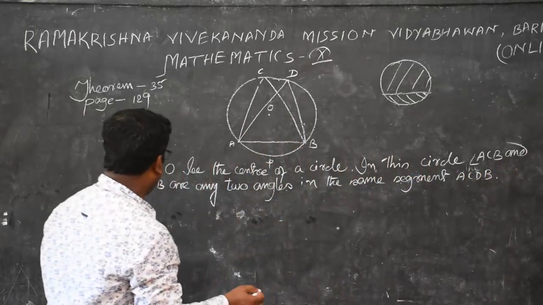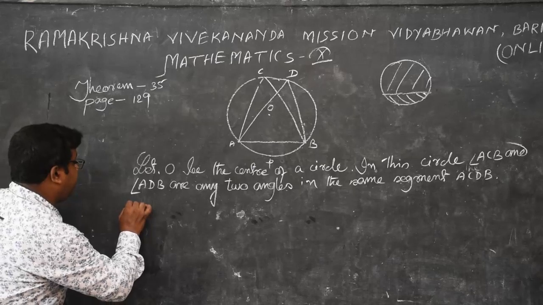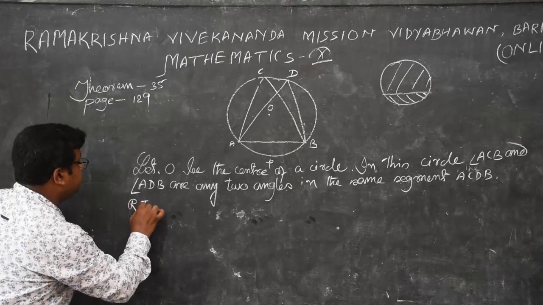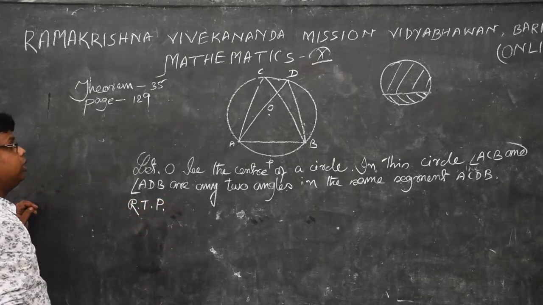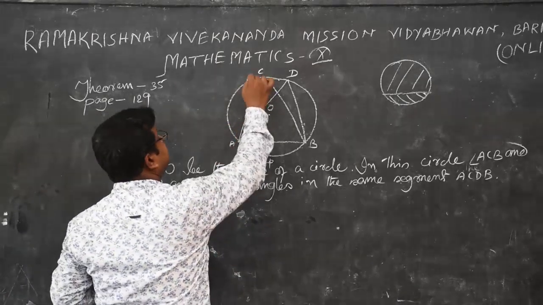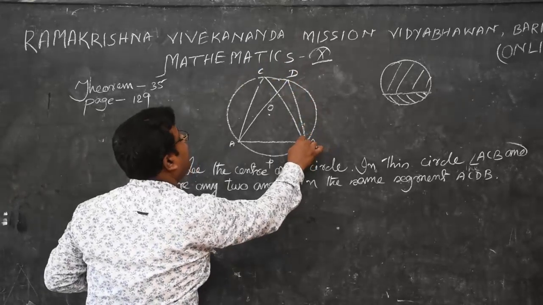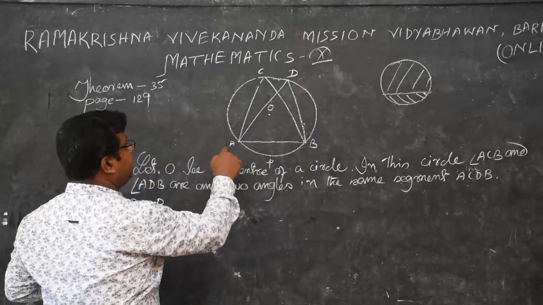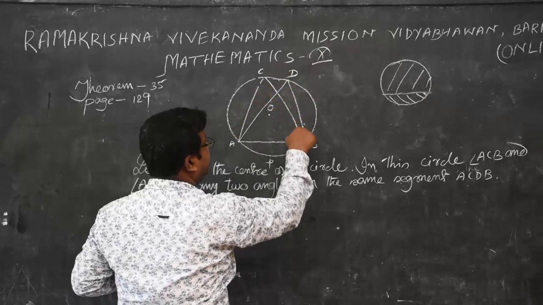Required to prove. It is a vital point. In required to prove, you have to write any angles in the same segment ACDB are equal. You cannot write angle ACB equal to angle ADB.